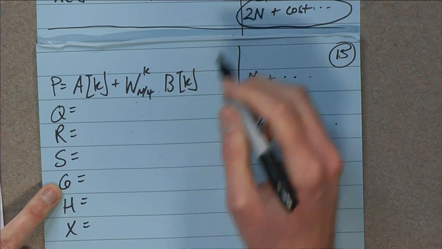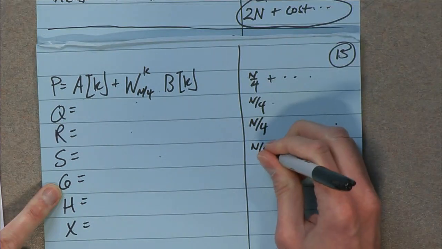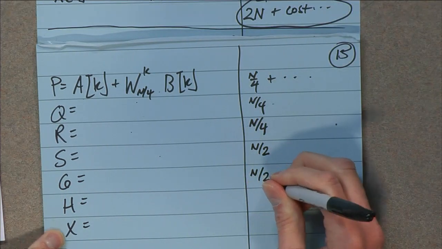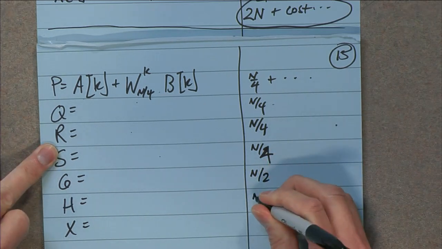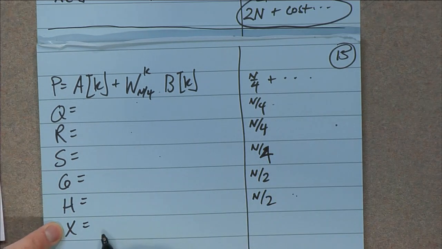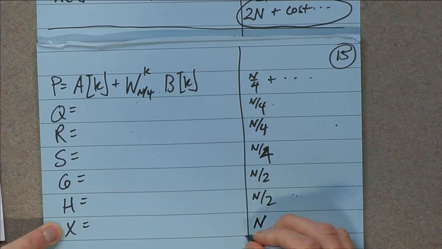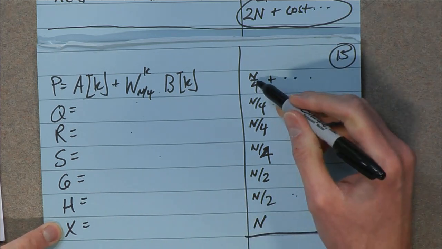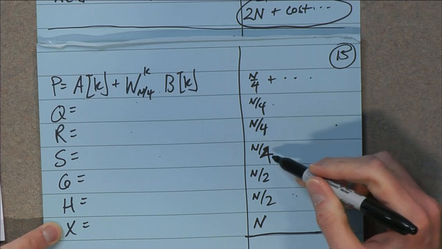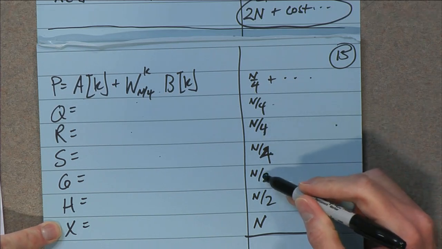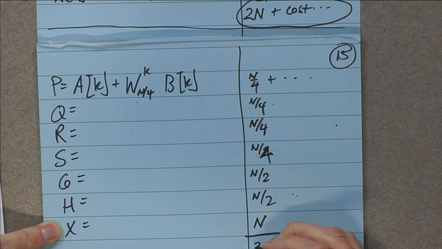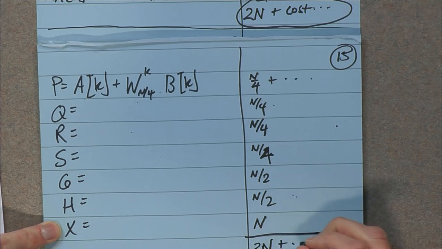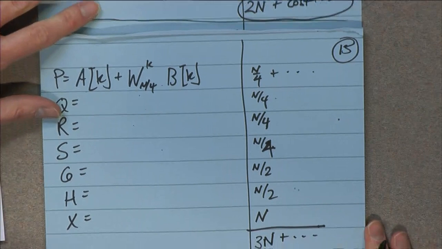G we already know because G is an n over 2 point sequence. So is H. And S is n over 4, off by 1. And what was X? It was an n point sequence. So if we add all those up, n over 4 plus n over 4 plus n over 4 plus n over 4 is just n, plus n over 2 plus n over 2 is 2n, plus n is 3n. So you get 3n plus the cost of these other factors.